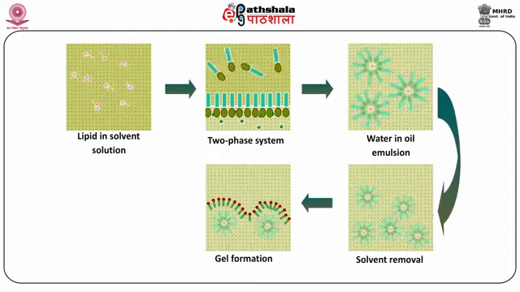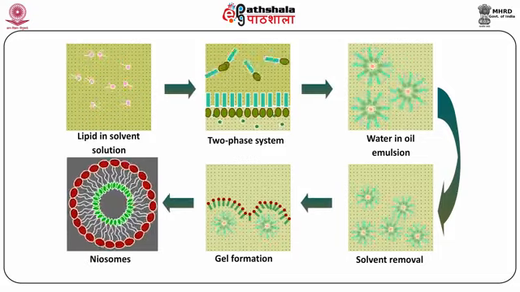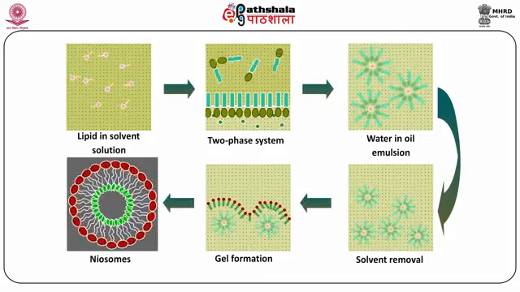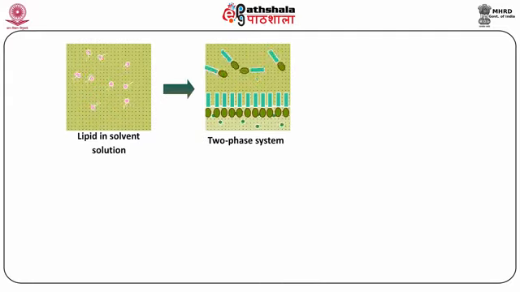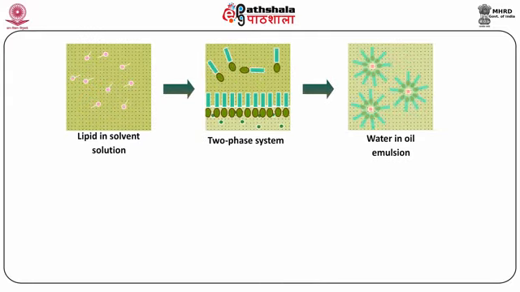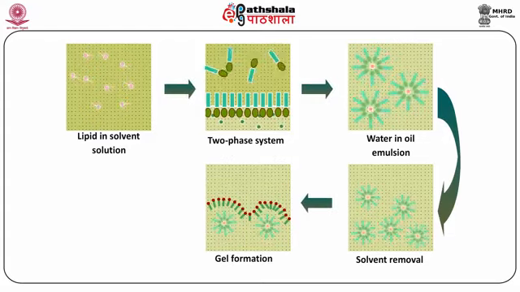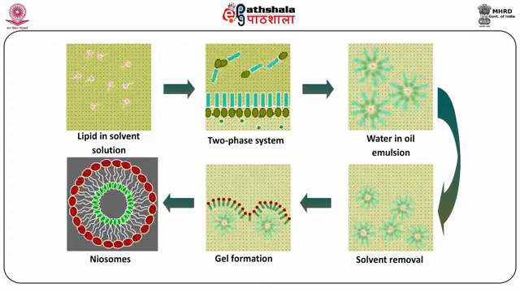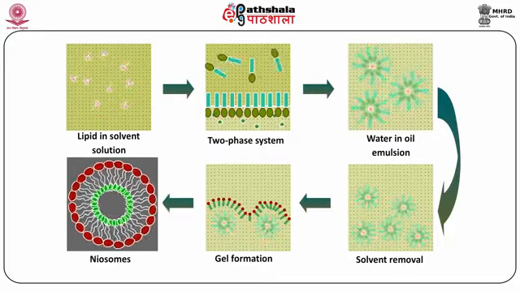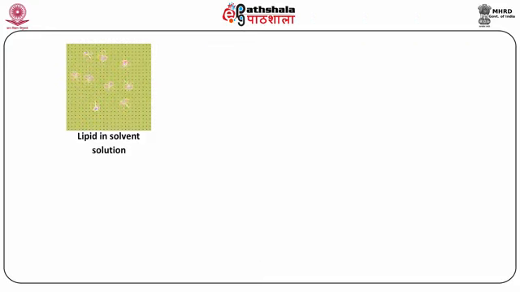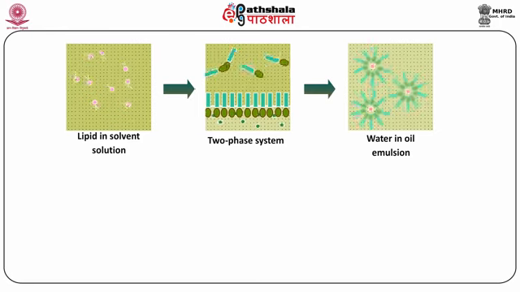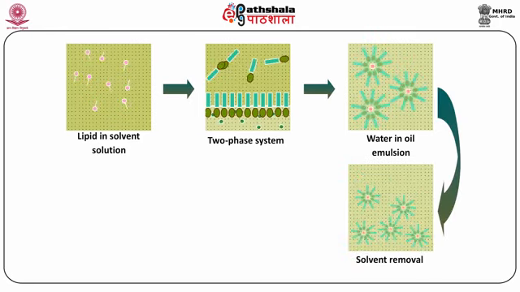Once the emulsion is formed, it is subjected to evaporation of the solvent under reduced pressure or at low pressure. Thereby, a gel state is formed. Once the gel state is formed, further removal of solvent results in the formation of neosomes.